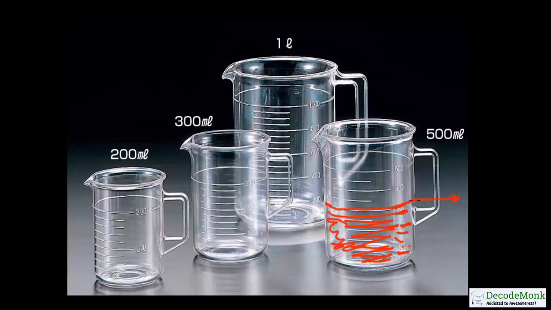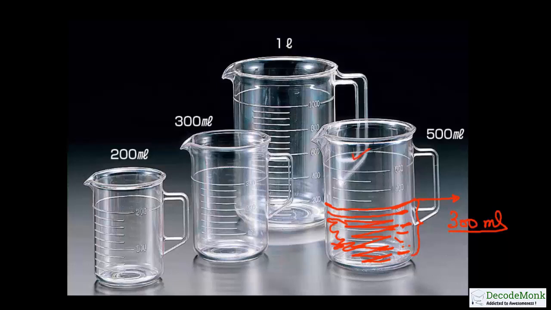So the liquid measured up to this level, if that liquid is filled into any other container, the volume of that liquid will not change, that will remain same, and that is equal to 300. So by putting liquid into these standard containers, you can measure the volume of that particular amount of liquid.